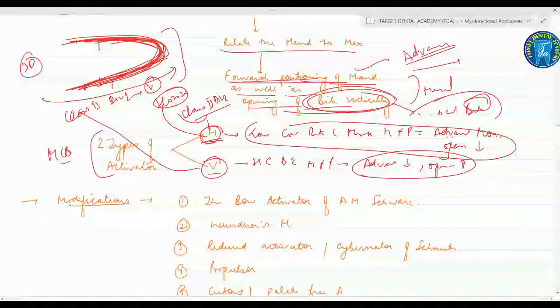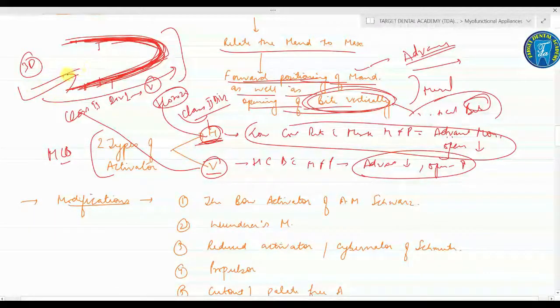So H is for the horizontal growth pattern, V is for the vertical growth pattern. In the H activator, the advancement is more and the vertical bite opening is less, while in the V activator, the advancement is less and the vertical opening is more.